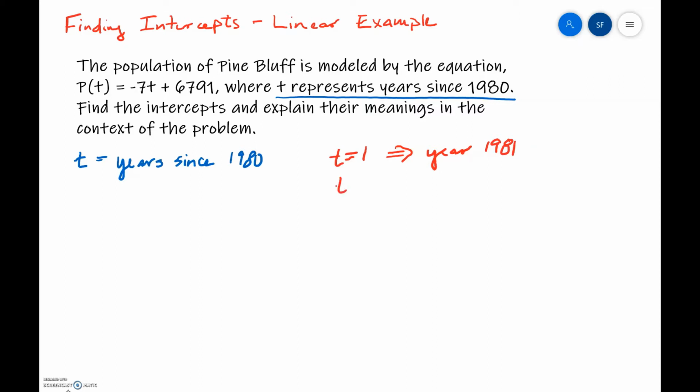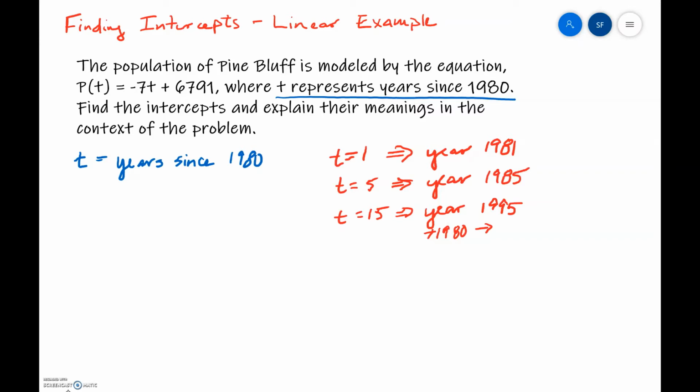When t equals 5, that represents 1985. If t equals 15, that would be the year 1995. So we take whatever's here and add 1980 to it to get the year it's referring to.